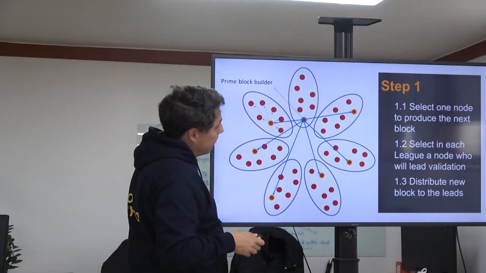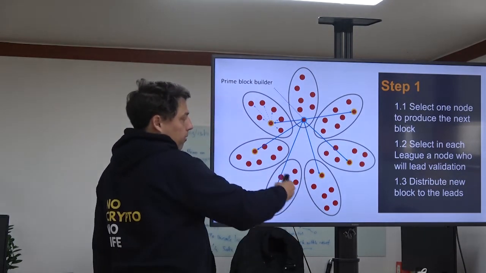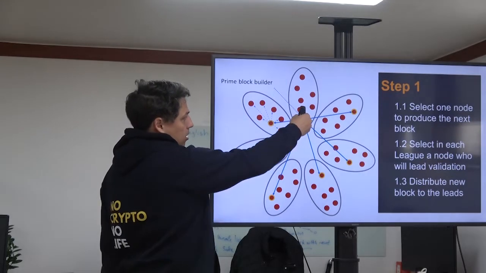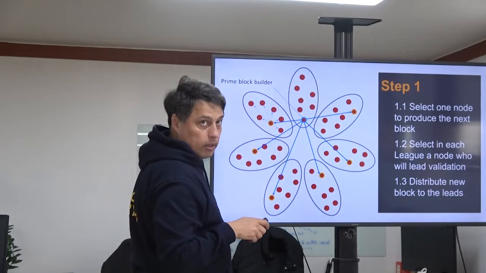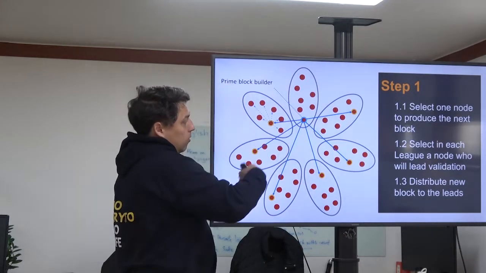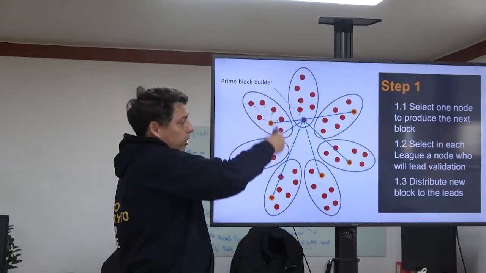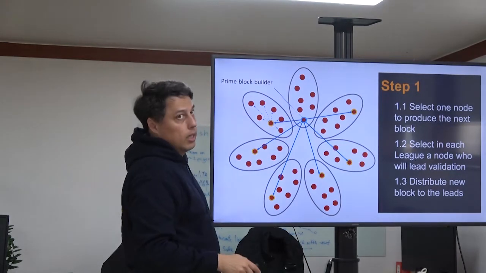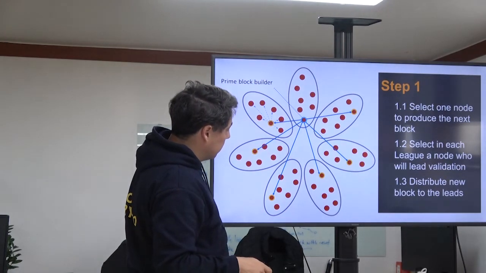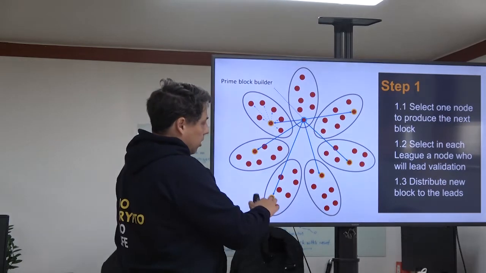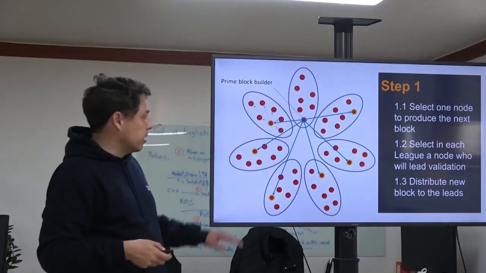This league leader, one in every league, is addressed by the primary block builder, who sends the new block only to them, not directly to every node, not to 48 recipients, but to 6 of them. And then each league receives the block from its leader.